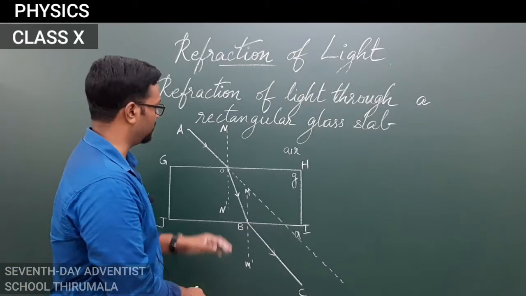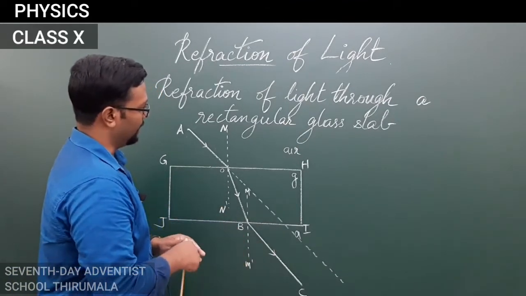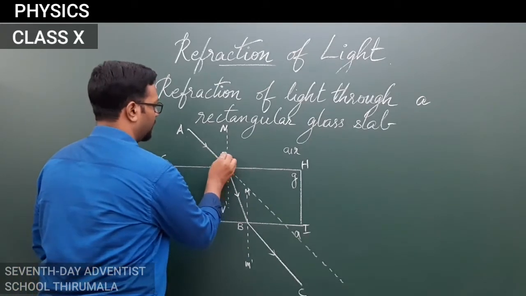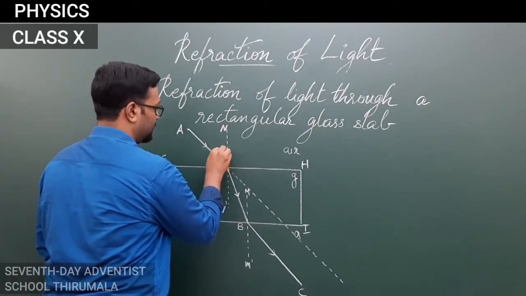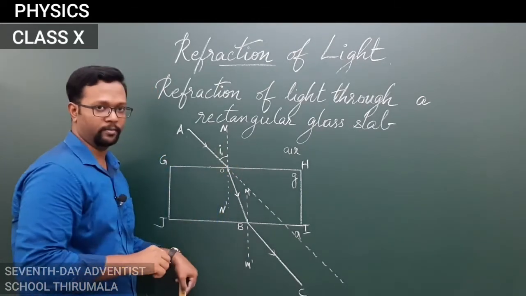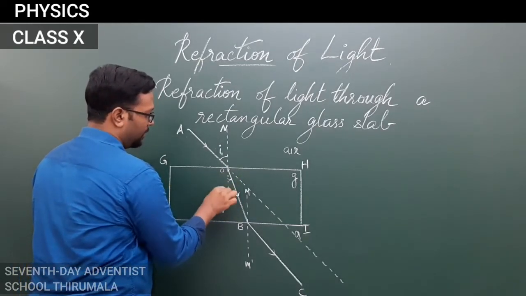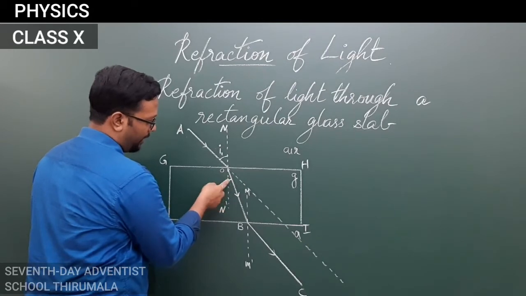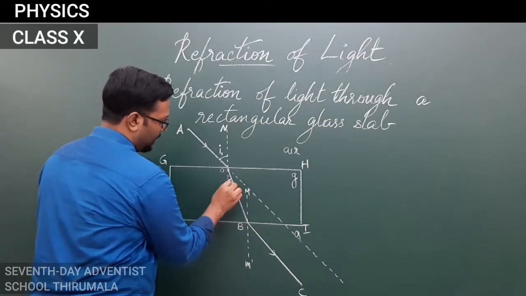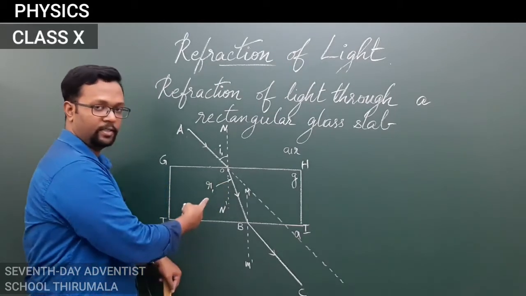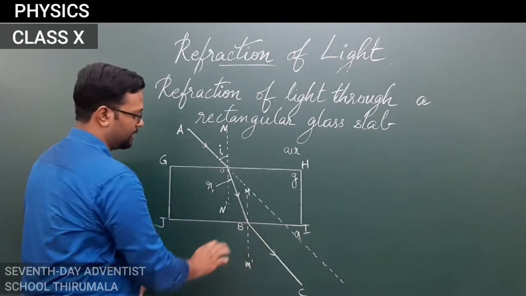Now here we can mark the first angle of incidence I1. And here we can mark the angle between the refracted ray and the normal as R1, because it is the first refraction, as there are two refractions happening.